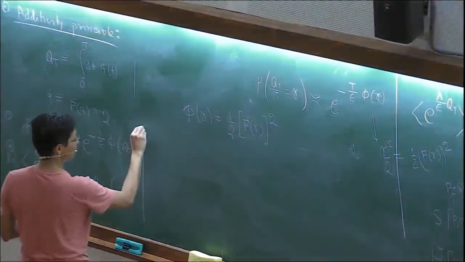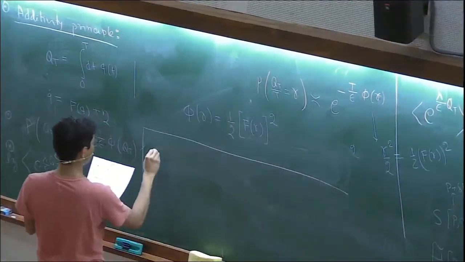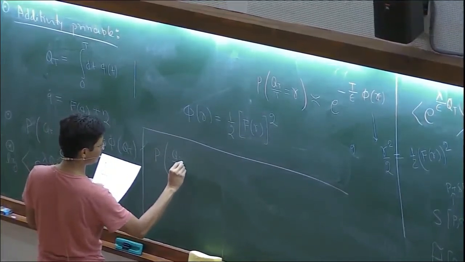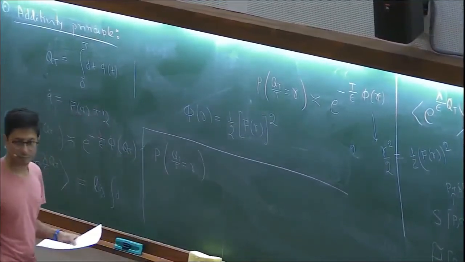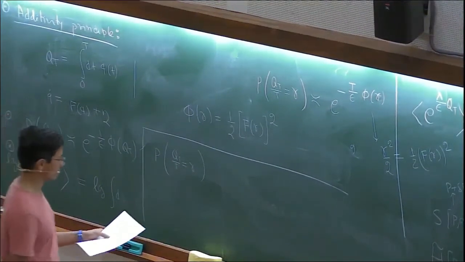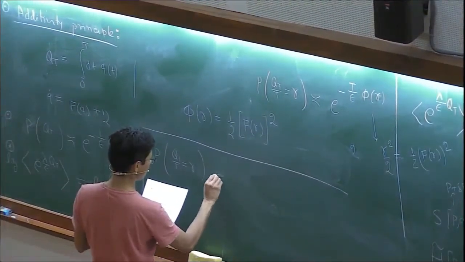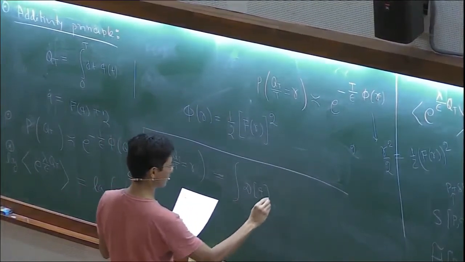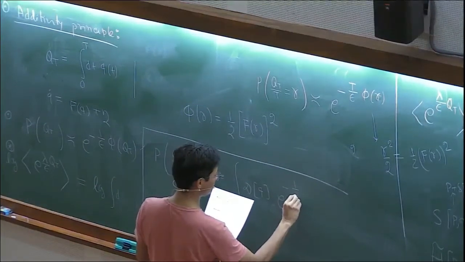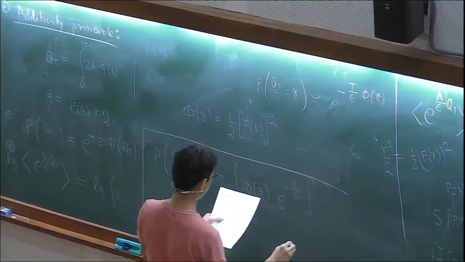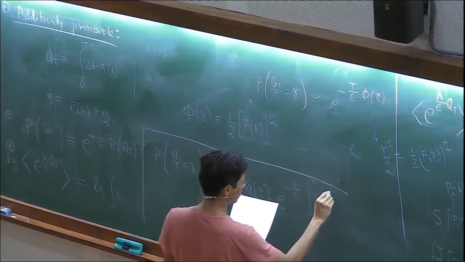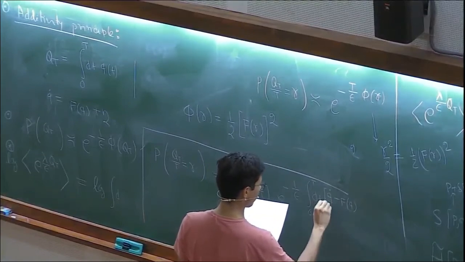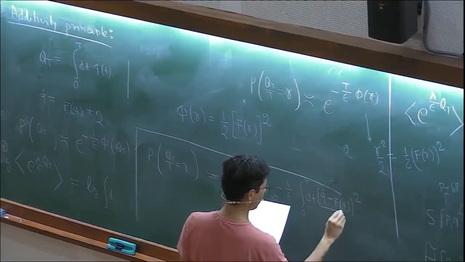So what I'm now interested in is the question where I want Q_t by t to be r. So this came from, I'm now in the Lagrange picture: minus 1 over epsilon, integral 0 to t dt, (q dot minus f of q) squared divided by 2.